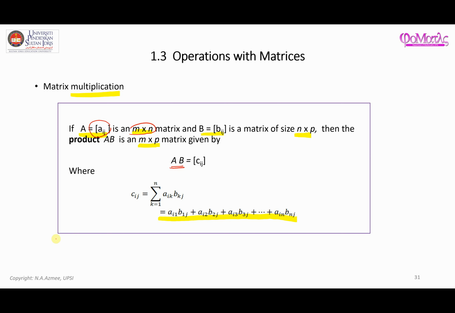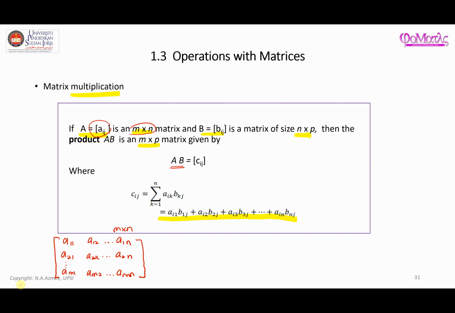We can imagine this matrix as A11, A12, until A1n, then A21, A22, A2n, until the last row, which is the mth row: Am1, Am2, and Amn. So that is matrix A, and the size is m times n.